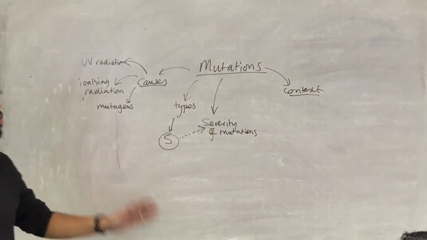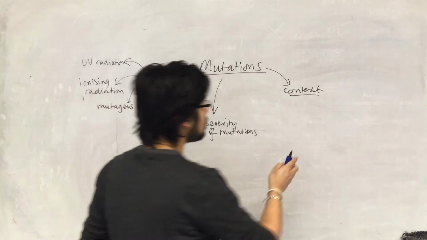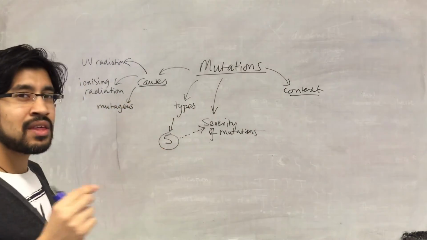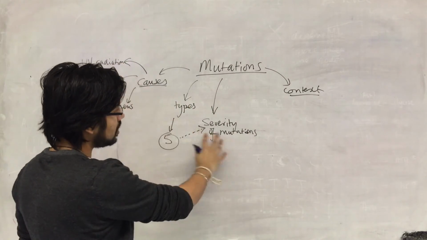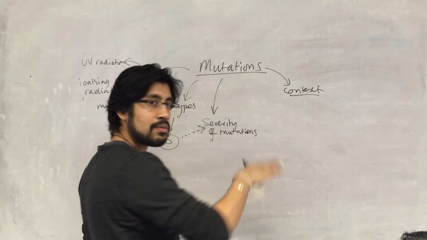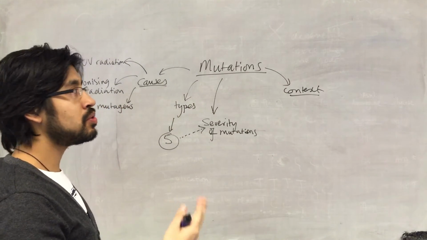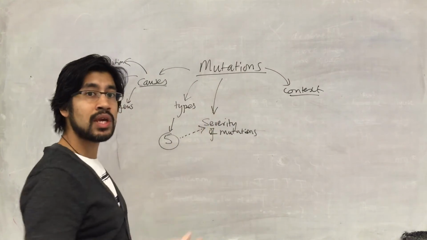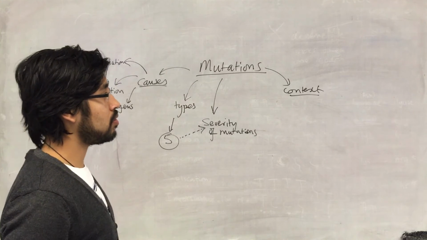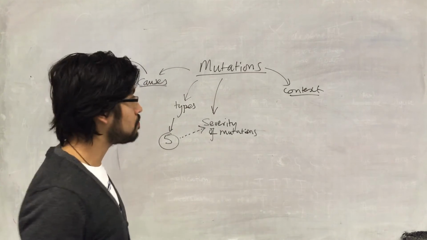Okay, so what is the context? The context is, and I think this is for your understanding, but this next bit is all about how you can appreciate the role of mutations in all the other parts of the biology that you're going to do.